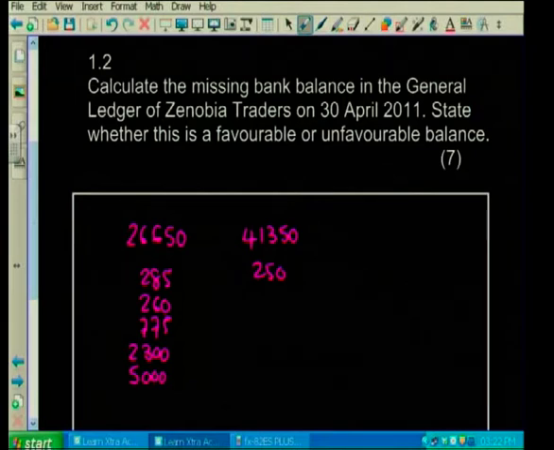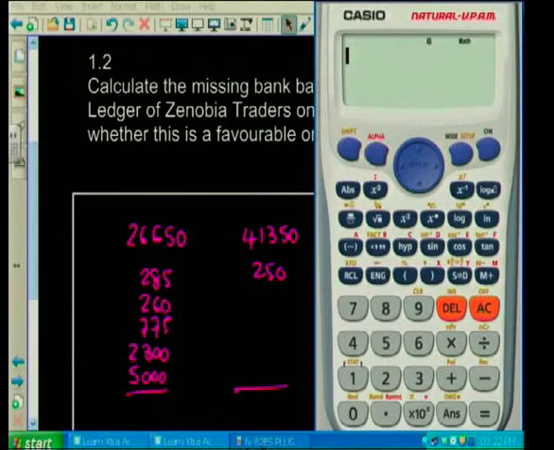I now check. I've got all the information that I've taken from my bank statement and now need to calculate the missing figure. Here we calculate our missing figure. Let's take our calculator. 41,350 plus 250 minus 26,650.